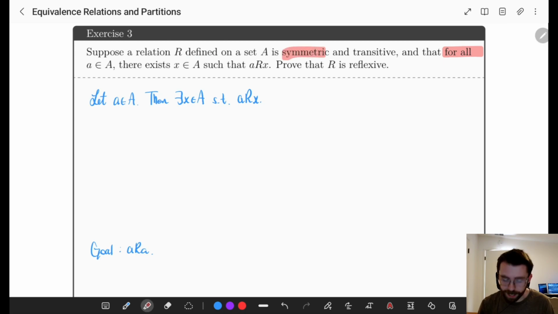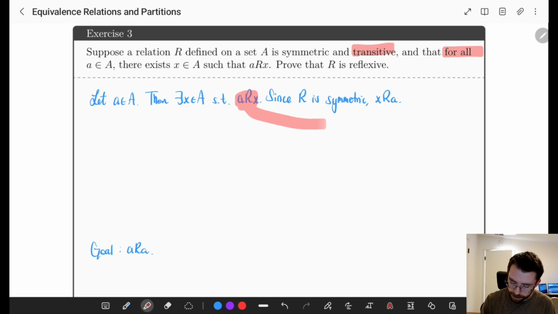I have one assumption that R is symmetric, so the fact that a is related to x should imply that the reverse is true: x is related to a. And now, transitivity saves the day. a related to x and x related to a implies that a is related to itself by transitivity.